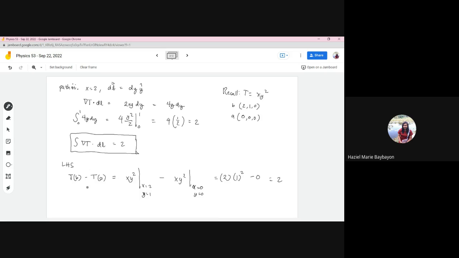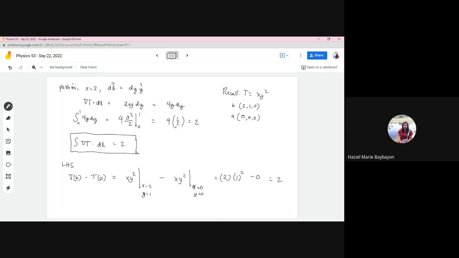This is easier and better compared to the earlier method. Earlier, you had to consider a lot: take the gradient of T first, then the dot product, then integrate. A lot of math was involved. With this one, you just substitute the values at the endpoint and the starting point and then subtract. So that is the fundamental theorem for gradient.